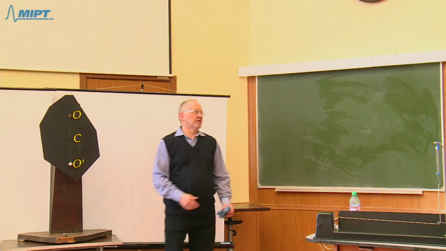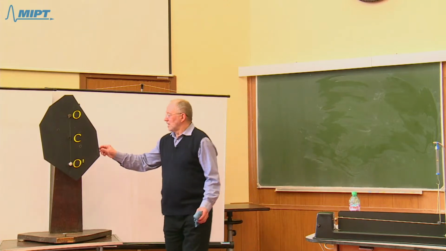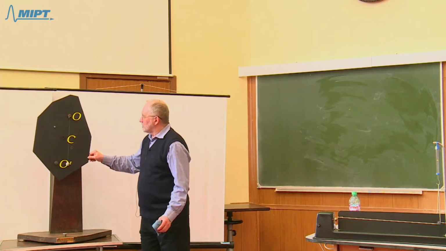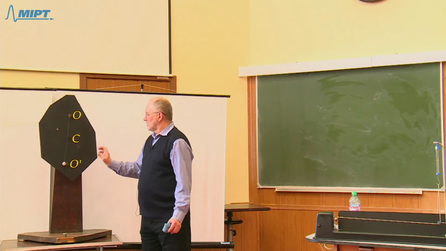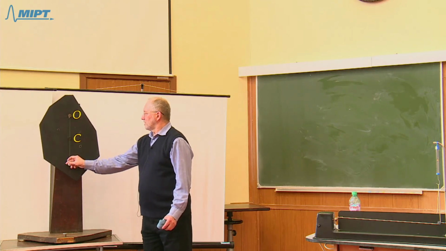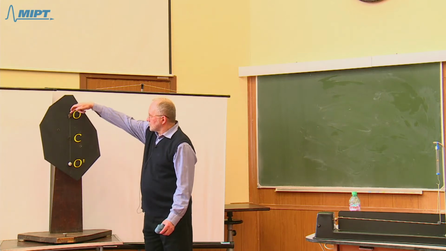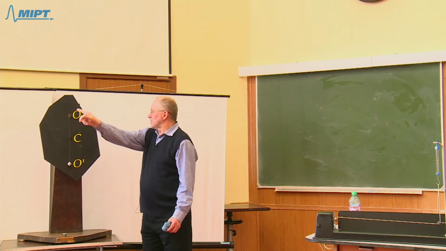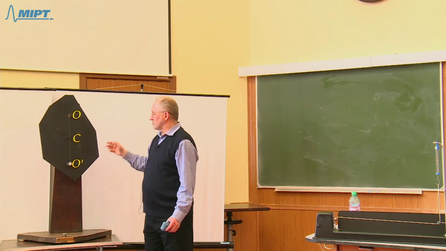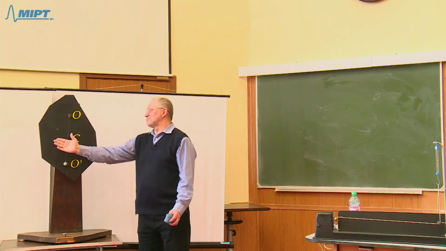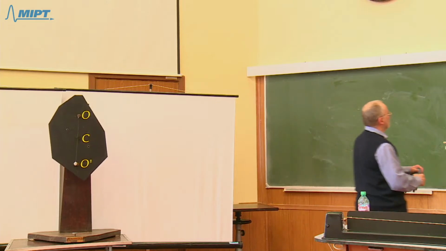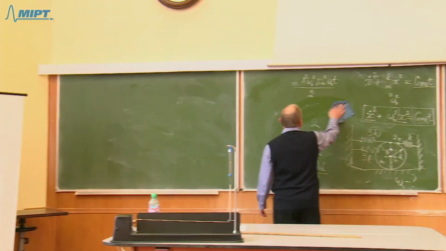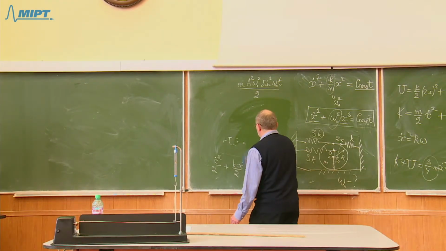Now I will consider an arbitrary body which can also be hanged on some point, so there will be an axis of rotation and there will be vibrational, or oscillatory, motion of this body. So we consider the general case of oscillation of an arbitrary solid body.